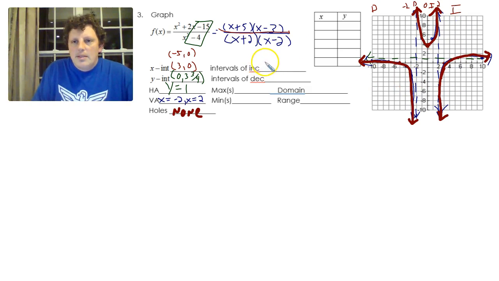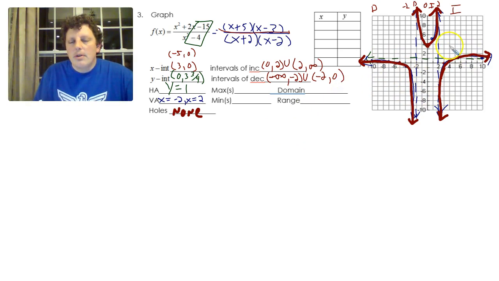So intervals of increase, we're starting at 0 to 2, and we're unioning that with 2 to +infinity. The intervals of decrease, remember, go left to right with this, right? Left from -infinity to -2, union -2 to 0.